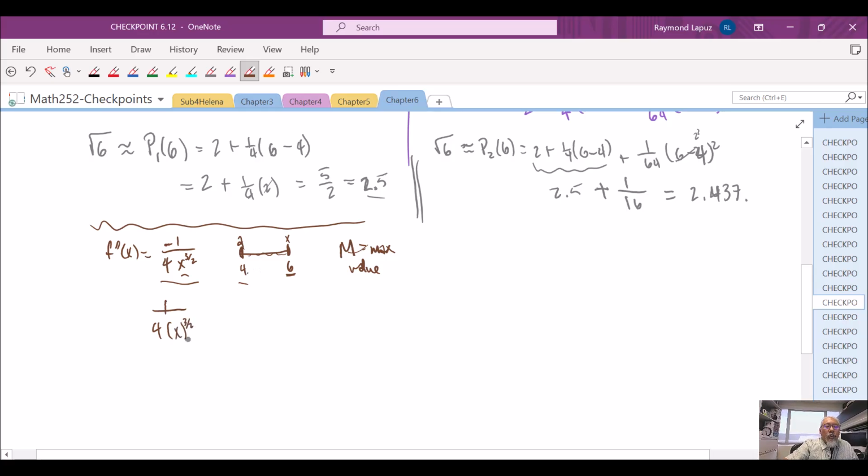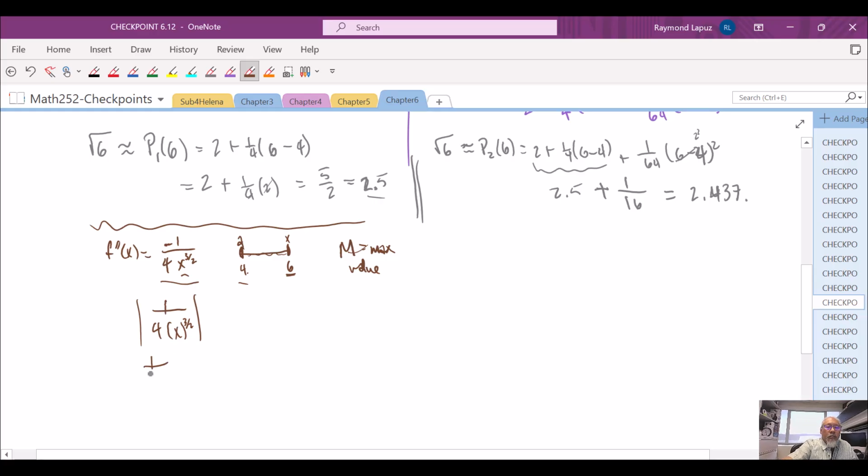If we put 4 in there, ignoring the negative sign, we're going to get what we got. So we're going to get 1 over 64, I think is what we said.